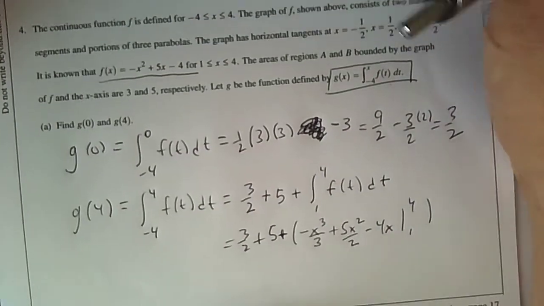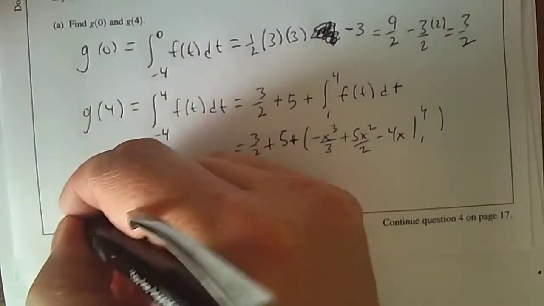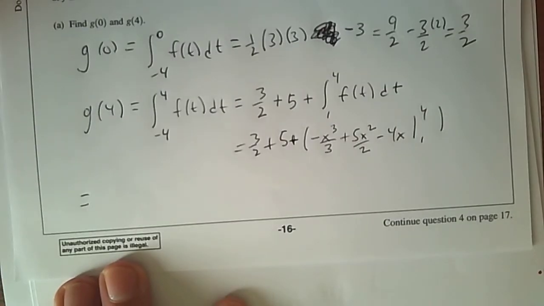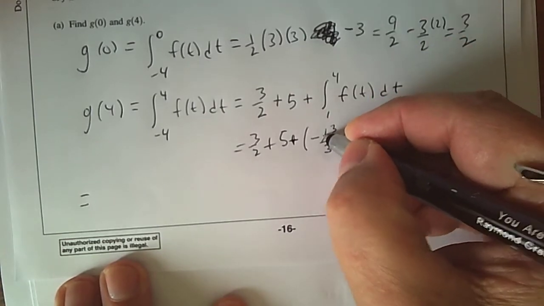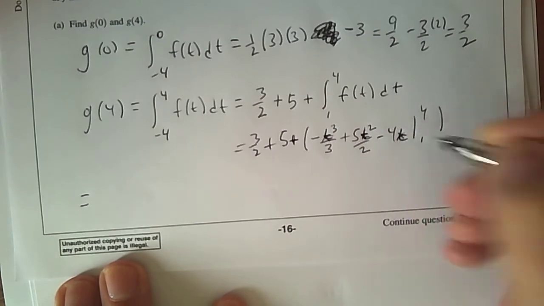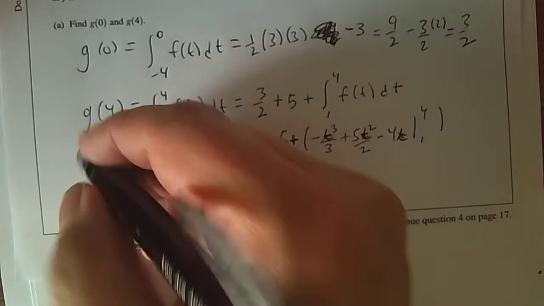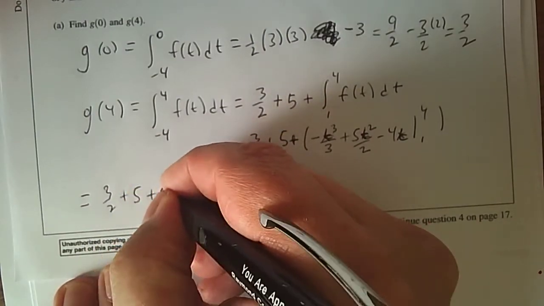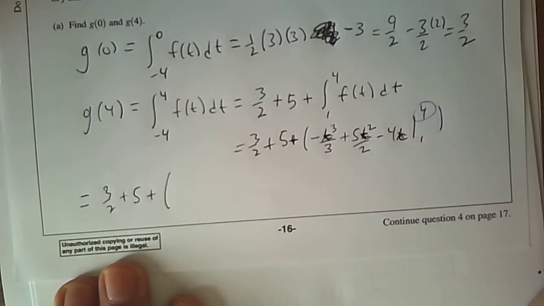So there's the setup. I don't need to simplify this at all. Oh, we're using t, so I should really use t here. So let's make sure the t's are there. So we have 3 over 2. We have 5. And now I'm going to do substitution. We're first going to substitute in 4.